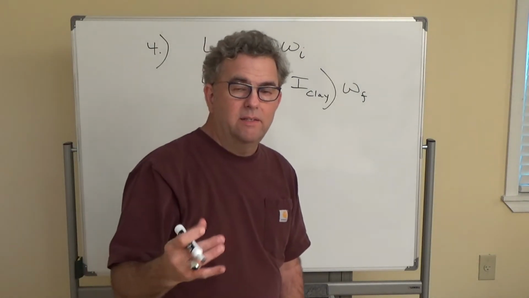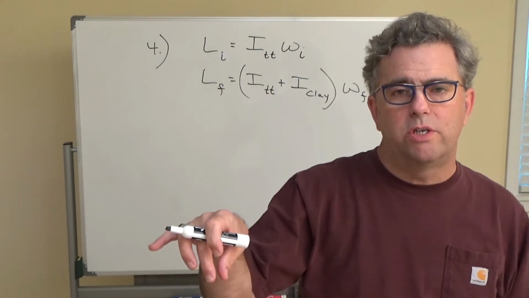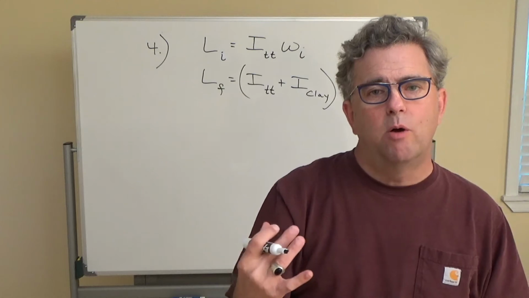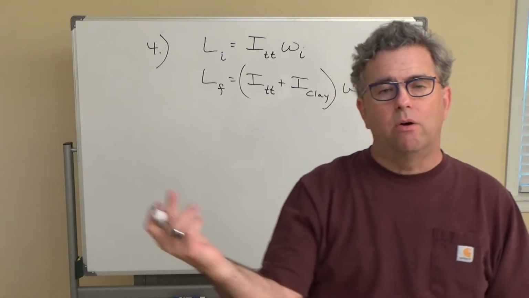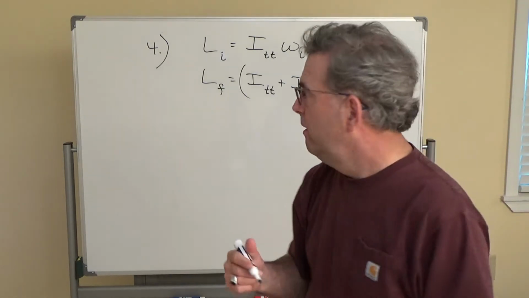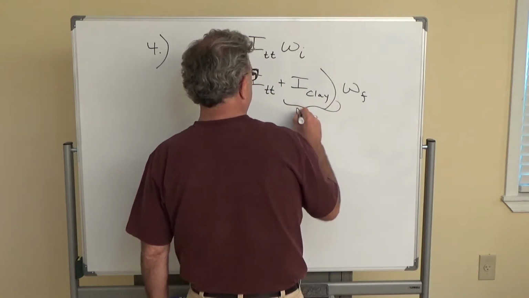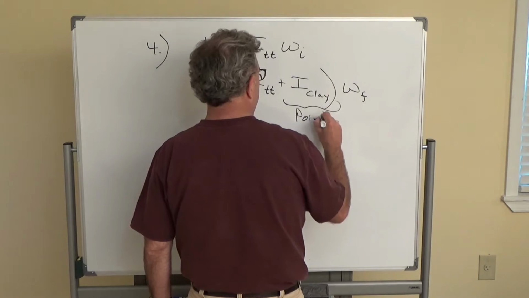That clay, since it's stuck to the turntable, has an angular momentum and it has a moment of inertia about that axis of rotation. This is a point mass.